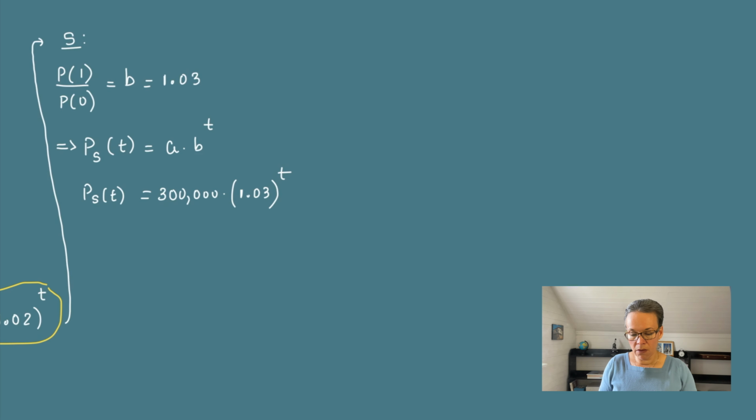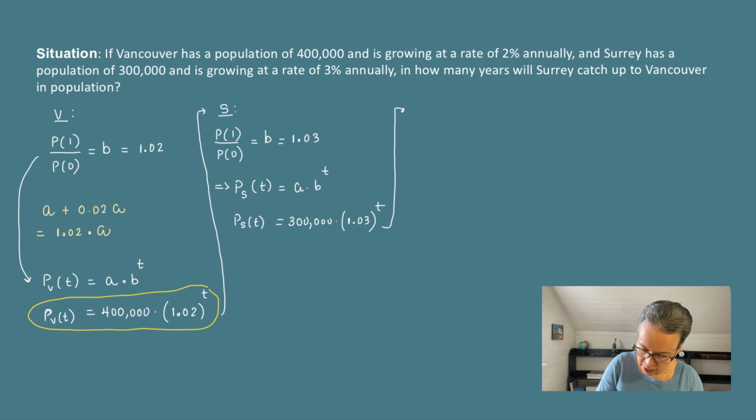So now what we want to do is to figure out at which particular time the population of Vancouver will equal the population of Surrey. Okay, so right here. So when will the population of Vancouver equal the population of Surrey? When will that happen?